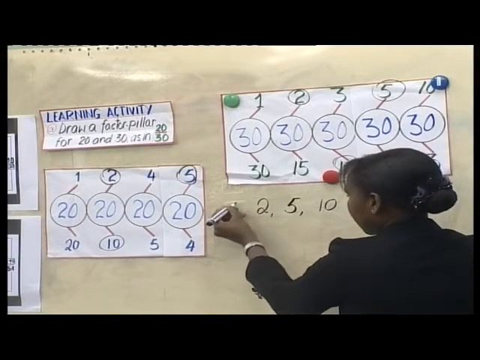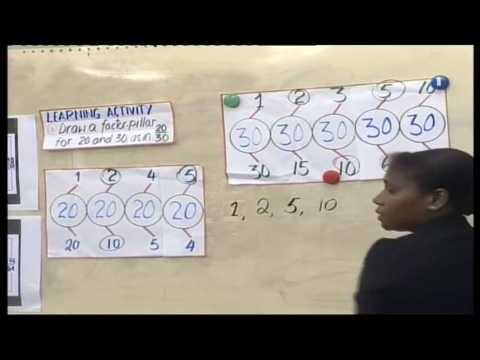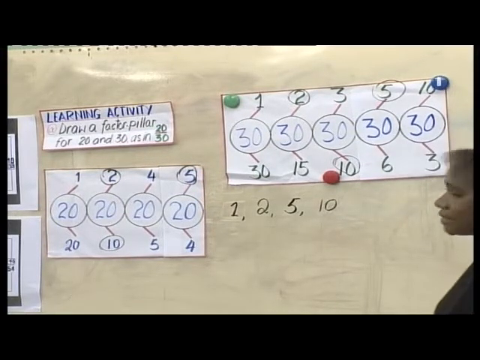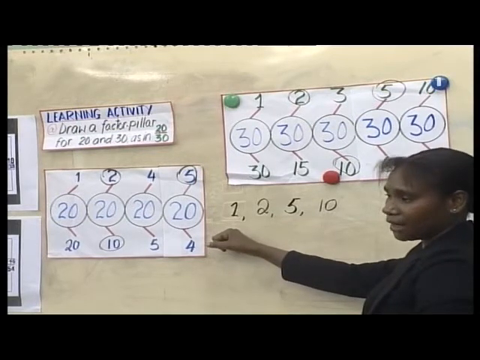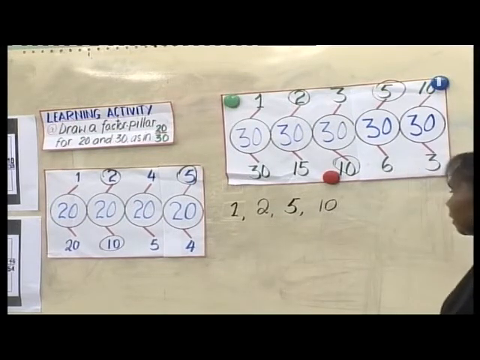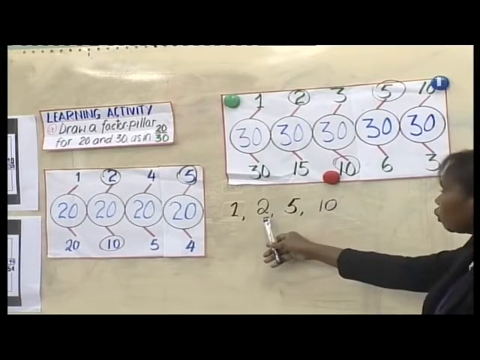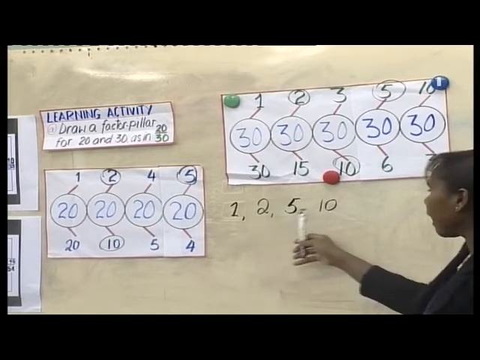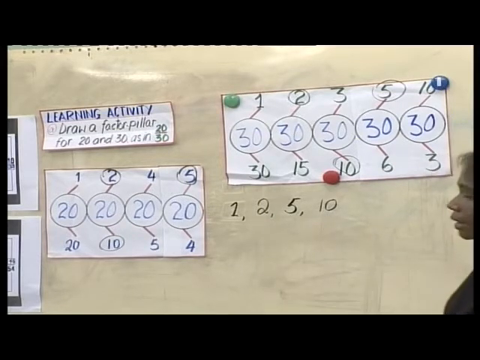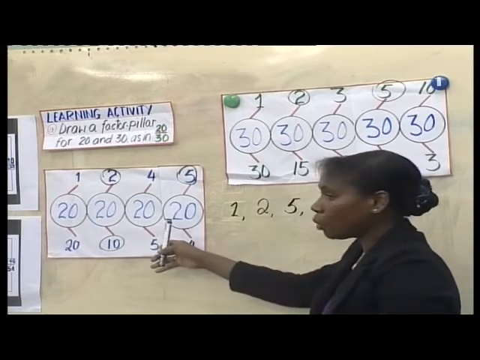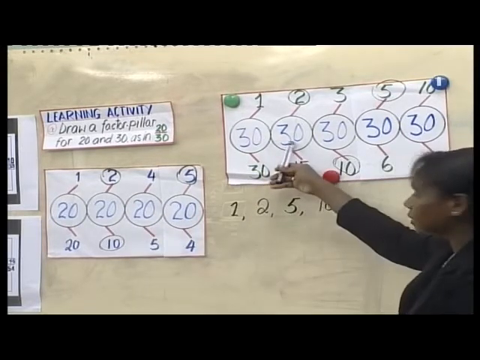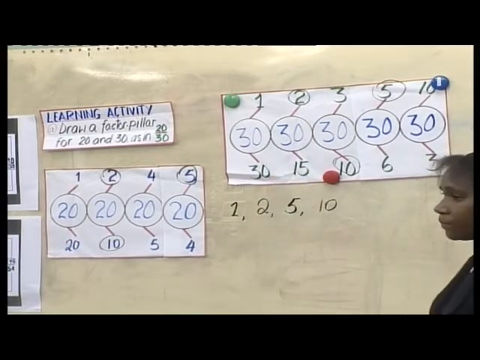So we will write 1, but if you divide any number by 1, it will always give you the same number, not the other numbers. So for this case, we will concentrate on 2, 5, and 10. So 1, 2, 5, and 10 are common factors that you can find in 20 and 30.